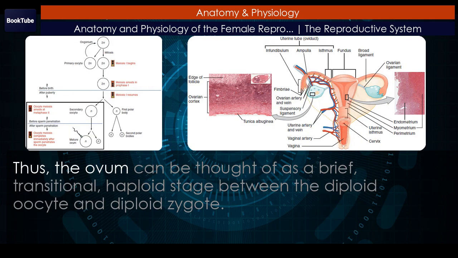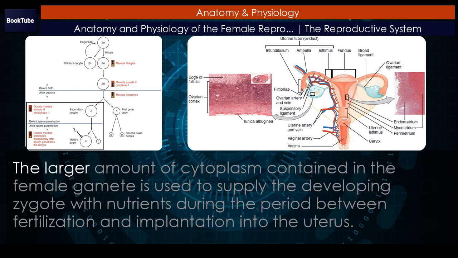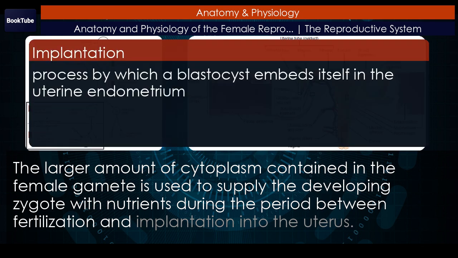Thus, the ovum can be thought of as a brief, transitional, haploid stage between the diploid oocyte and diploid zygote. The larger amount of cytoplasm contained in the female gamete is used to supply the developing zygote with nutrients during the period between fertilization and implantation into the uterus.